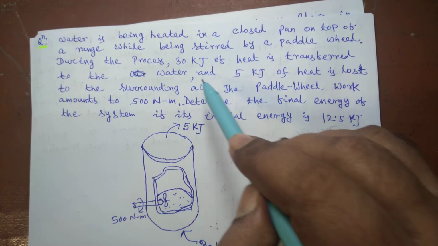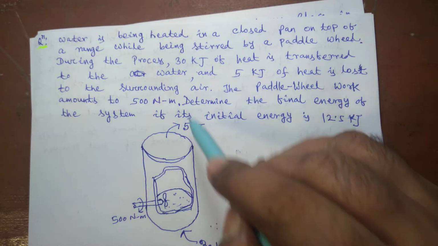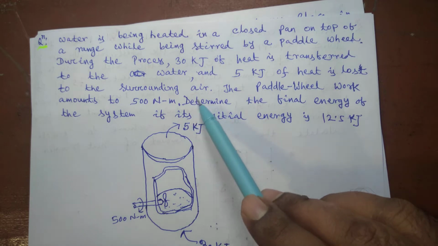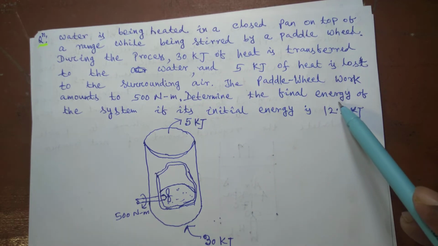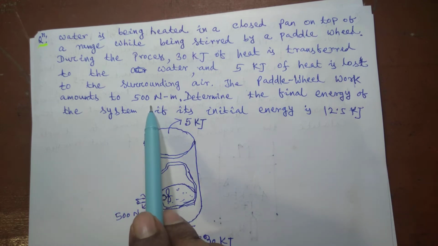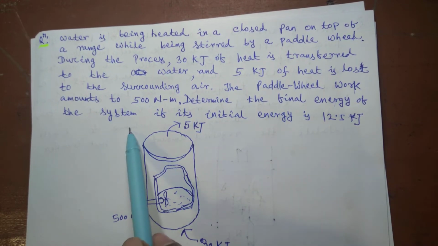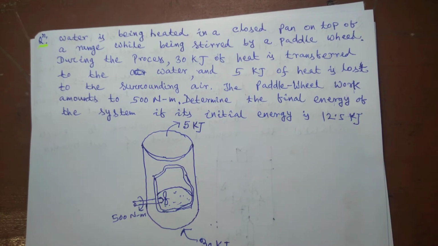During the process, 30 kilojoule of heat is transferred to the water and 5 kilojoule of heat is lost to the surrounding air. The paddle wheel work amounts to 500 Newton meter. Determine the final energy of the system if its initial energy is 12.5 kilojoule.